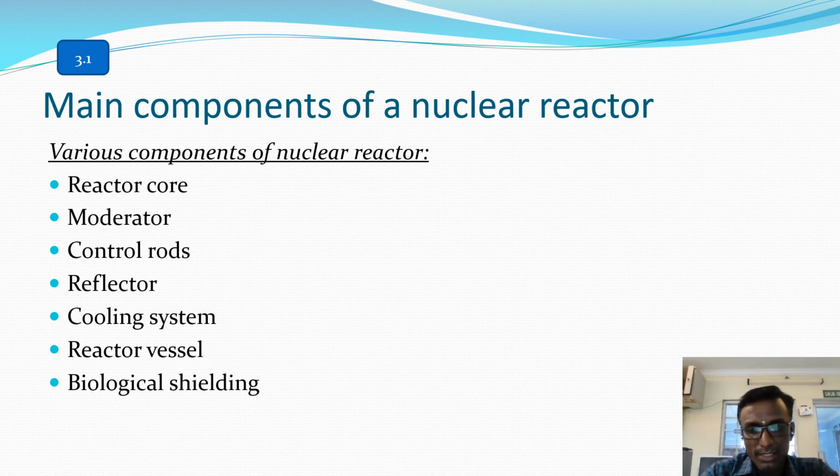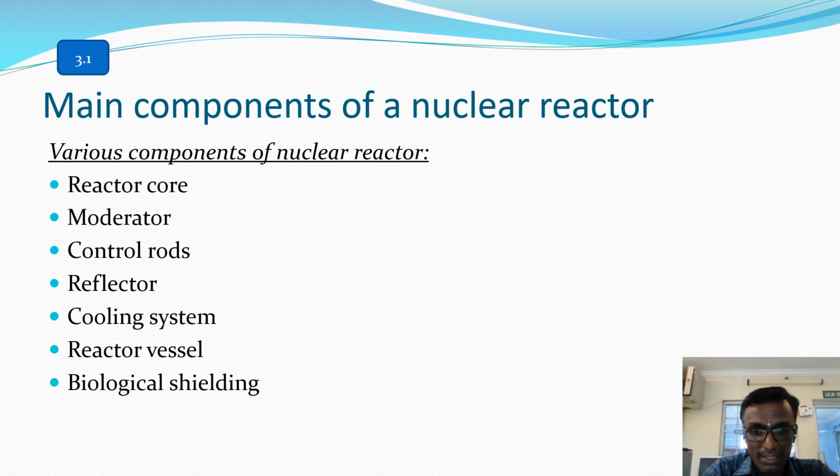The basic function of the control rod is to initiate or to stop the course of a nuclear reaction inside the nuclear power plant, and the reflector is to simply reflect back the neutrons in that particular process, right? The neutrons should not escape from that particular shielding, so that has to be ensured with the help of the reflector.